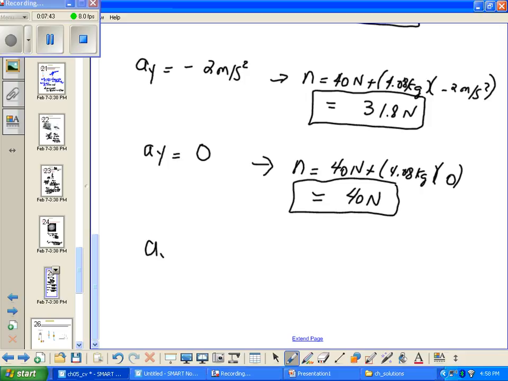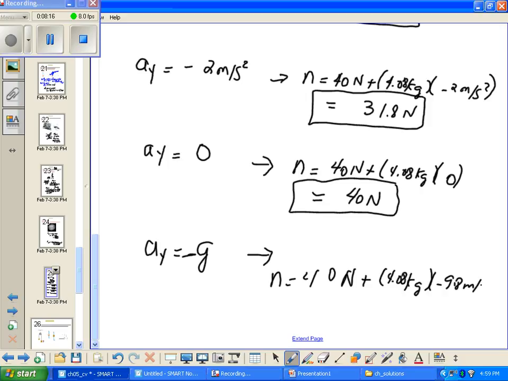Lastly, a sub y equals minus g. In this case here, the cable is broken, and so you can see that N will be equal to 40 newtons plus 4.08 kilograms times negative 9.8 meters per second squared, giving us an apparent weight of 0.